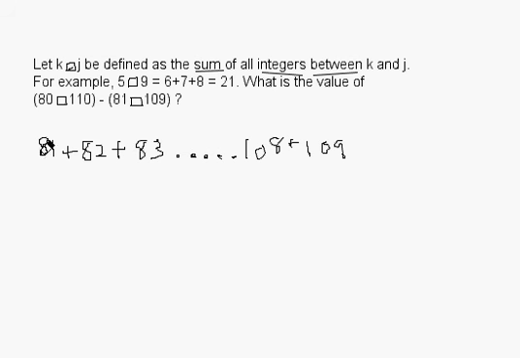So the value would be adding all that up. Now, we could do that on our calculators. It wouldn't take an insanely long amount of time, but you'll see we don't have to.